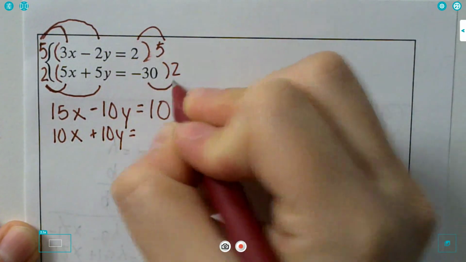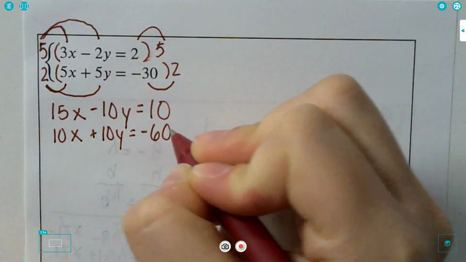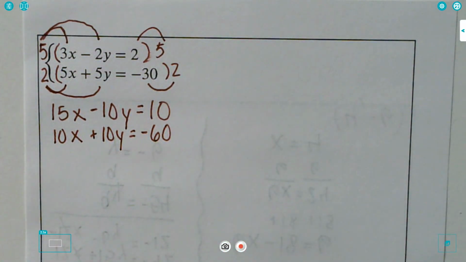And -30 times 2 is -60. Okay. Questions, concerns, emotions, thoughts about multiplying there.